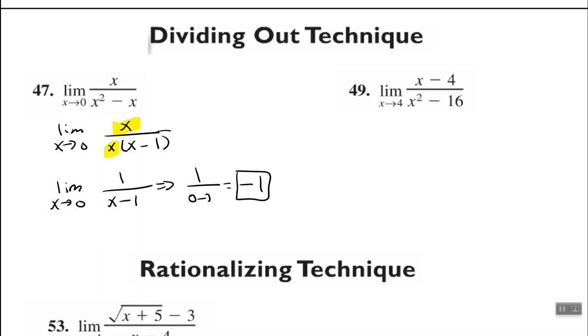So I'm going to factor. x squared minus 16 factors as a difference of squares, x plus 4 times x minus 4. Okay, now I can simplify the x minus 4 in my numerator and my denominator.